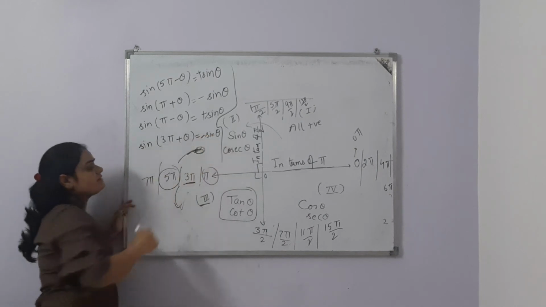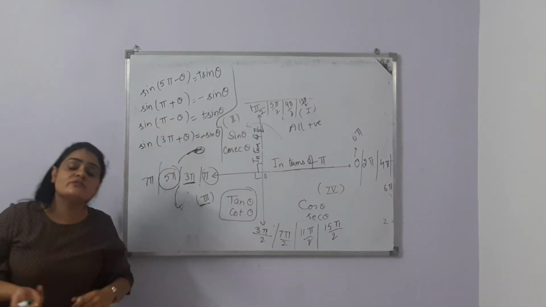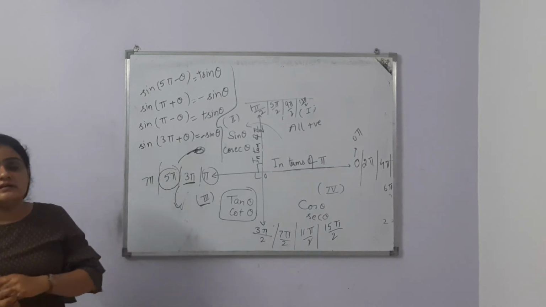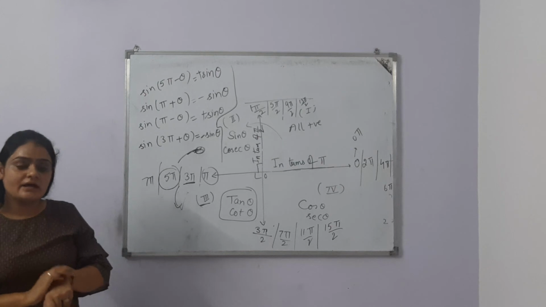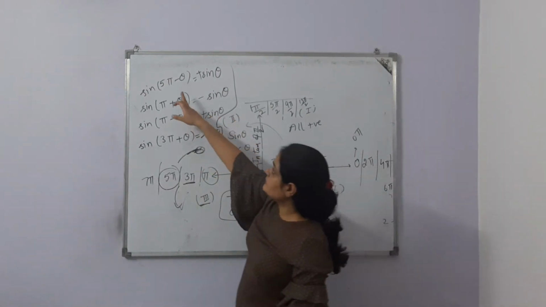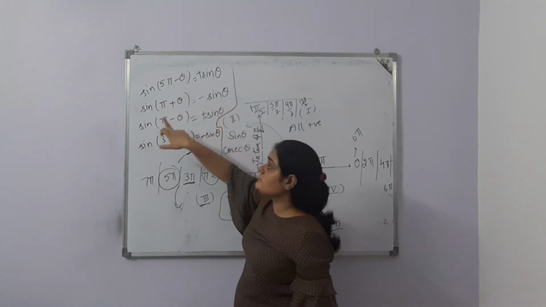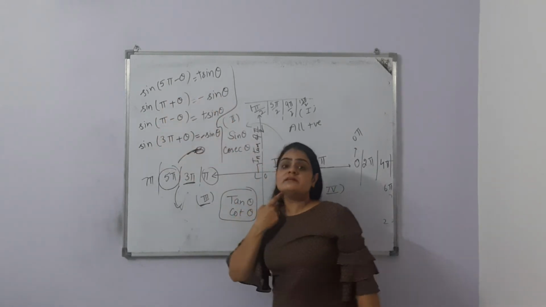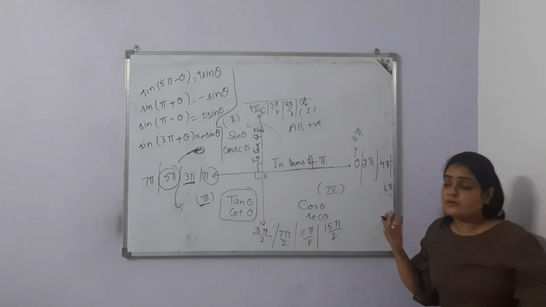So I am getting minus sine theta. So sine pi plus theta and sine 3 pi plus theta have the same value, which is minus sine theta. So these are periodic functions. We can get the same answer after a period. You are watching that after a period, 5 pi minus theta and pi minus theta give the same answers, and for pi plus theta and 3 pi plus theta, we are getting the same answer, minus sine theta.